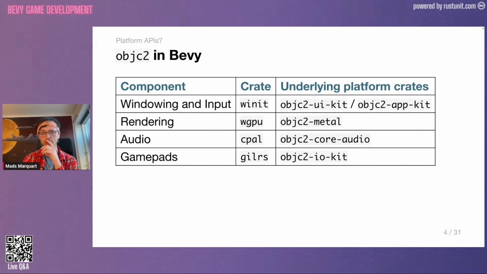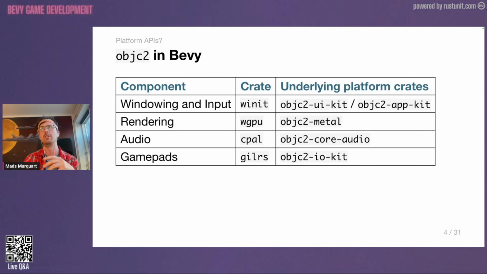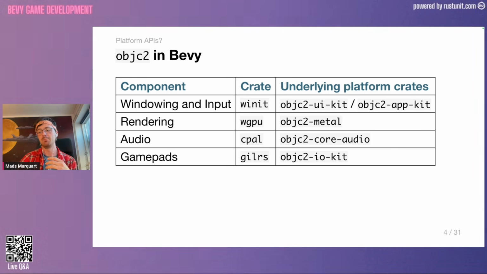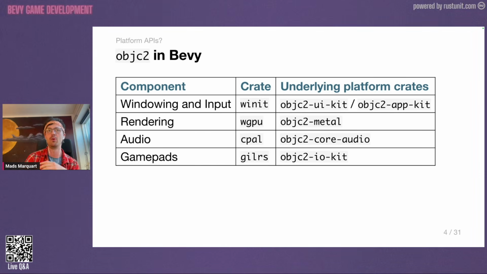So currently in Bevy, it uses a lot of cross-platform crates from the ecosystem. This is Winit that I maintain, WGPU, CPAL for audio, stuff like that. And these provide cross-platform abstractions for whatever the platform provides.